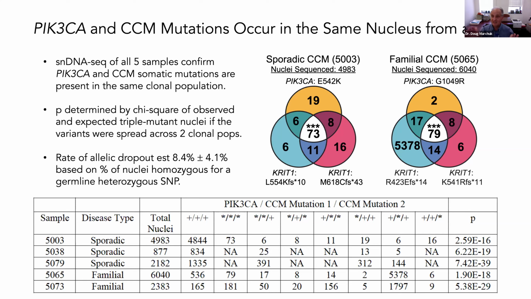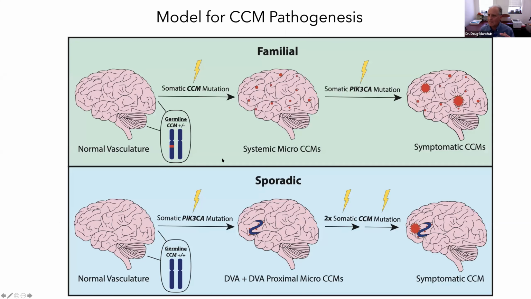But in all 5 cases, there were nuclei that had all 3 mutations in the same nucleus, meaning in the same cell. And this fulfills that cancer-like paradigm: you need multiple hits in the same cell to begin the clonal expansion of a very aggressive cell.